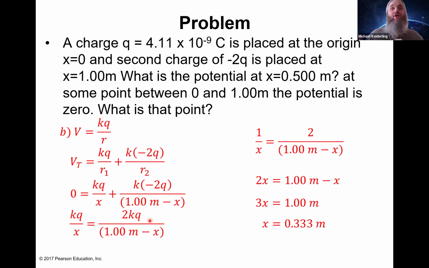So it will be at the point at 0.33 meters, a third of a meter from the first charge and 2/3 of a meter from the larger second charge. Any questions about that? Okay, I will continue.